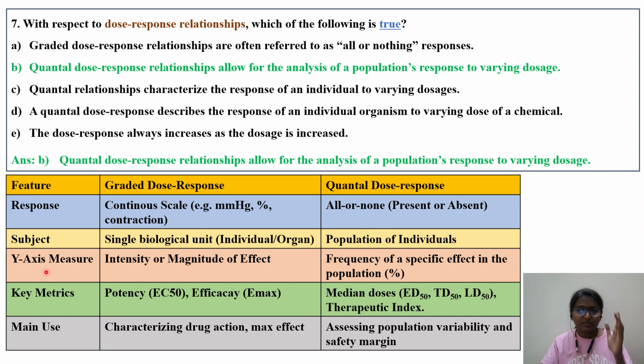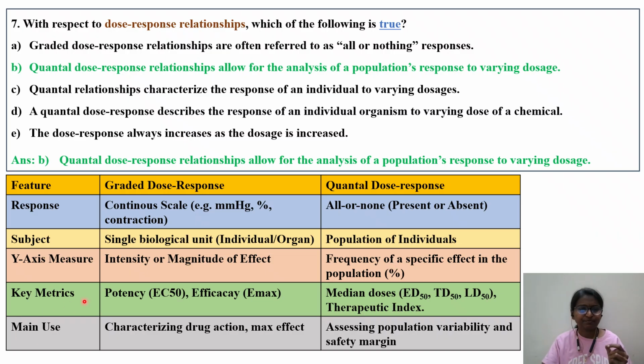Coming to the y-axis measure, if you see the dose response curve, intensity or magnitude will be given on the y-axis. Here, frequency of effect in the population. How frequently, how probable, like that, those will be measured on the y-axis in the case of quantal dose response curve.